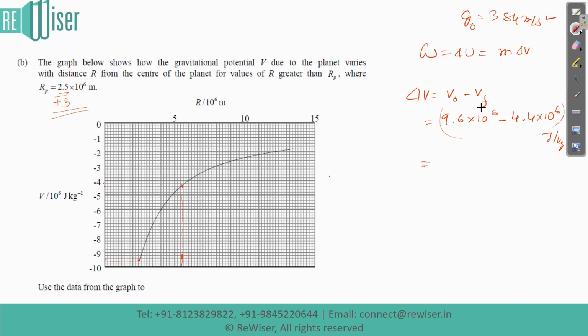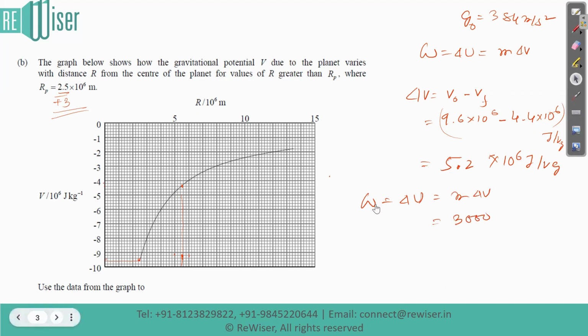Okay, now solve this one first. 9.6 minus 4.4 is 5.2 into 10 to the power 6 joules per kg. Now we want to find out the work done, which is del U, which is mass into del V. So mass is 3000 kg for the satellite.